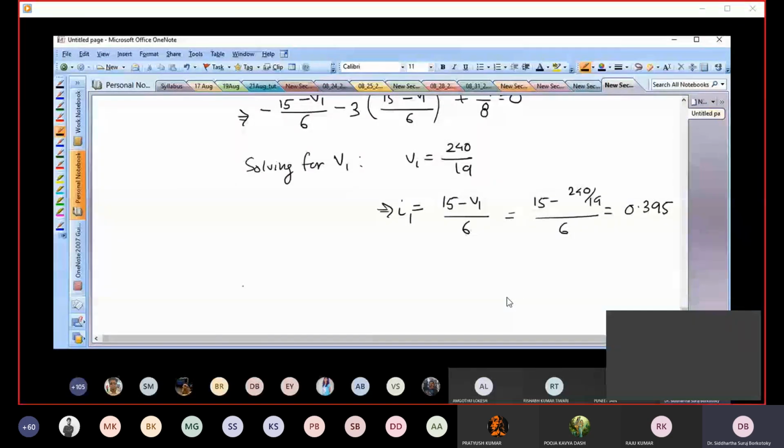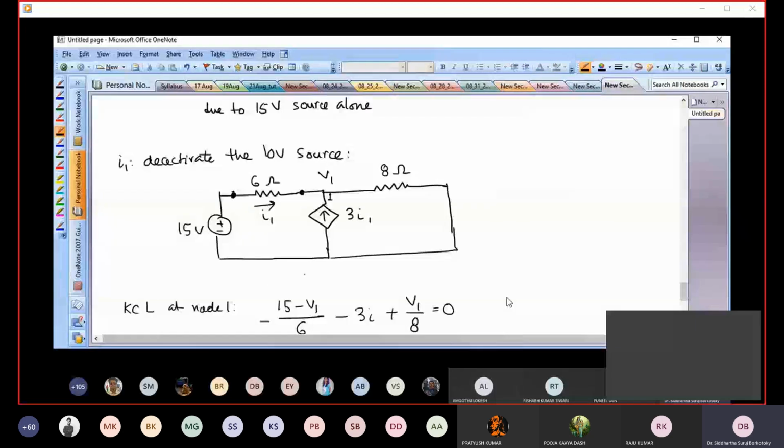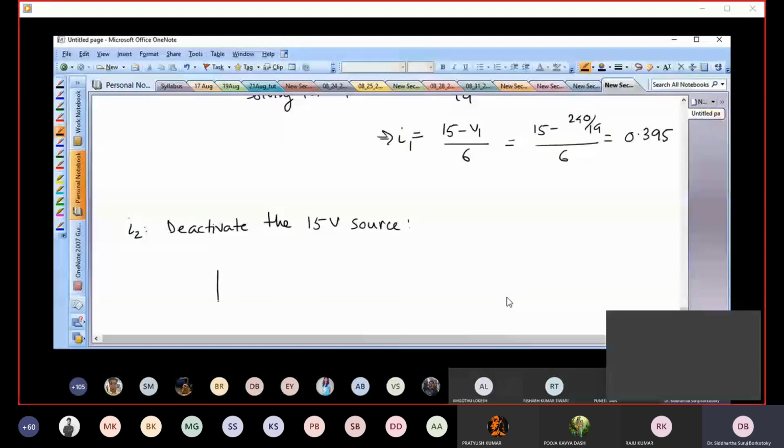Now next, find I2. For I2, all you have to do is deactivate which source? The 15 volt source now. Let's call this I2 now.